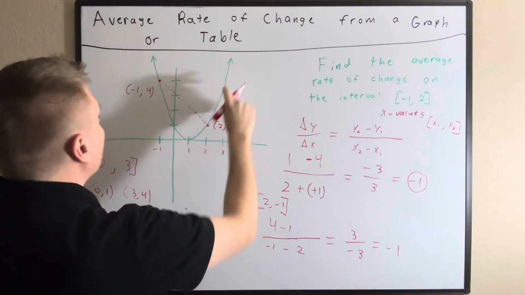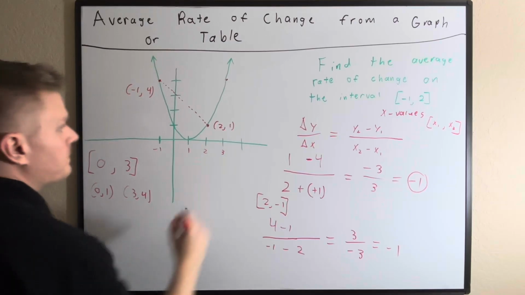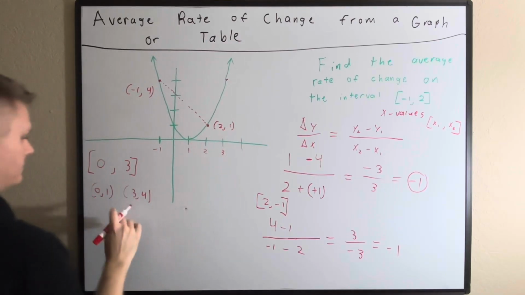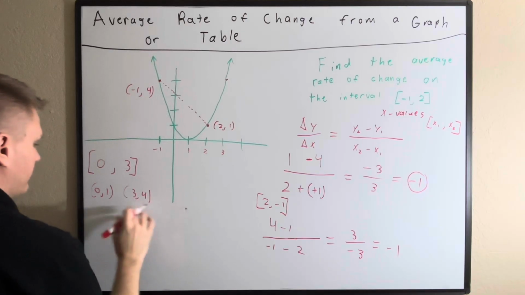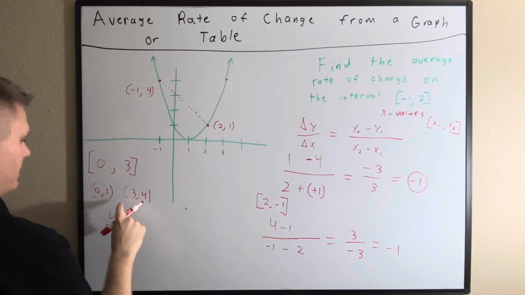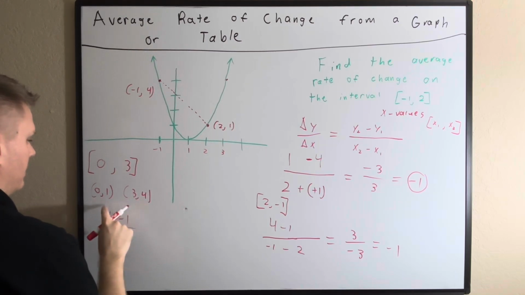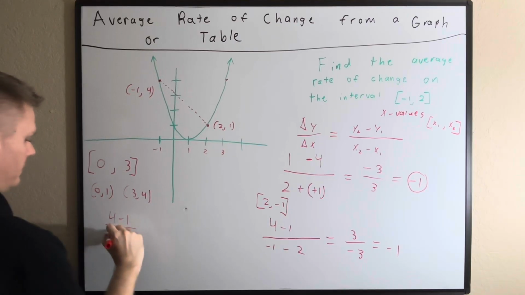All the way up to 4 there. Okay. y2 minus y1, 4 minus 1. x2 minus x1, 3 minus 0.